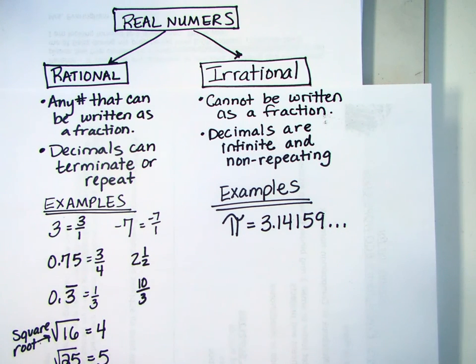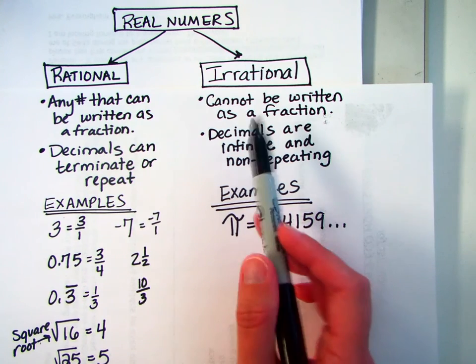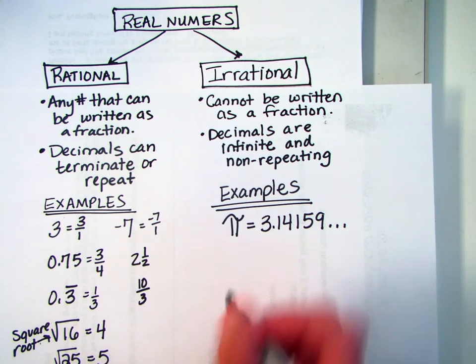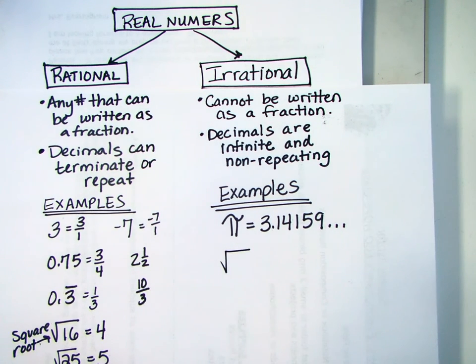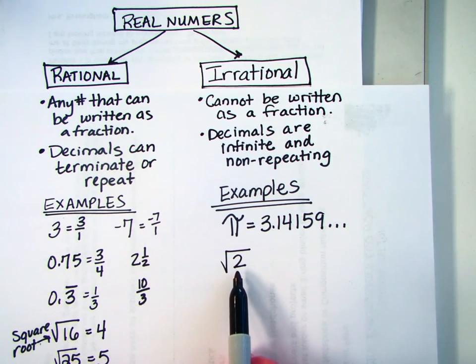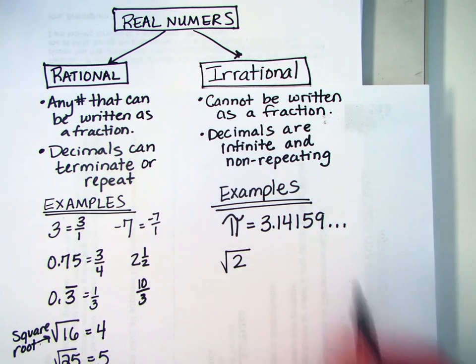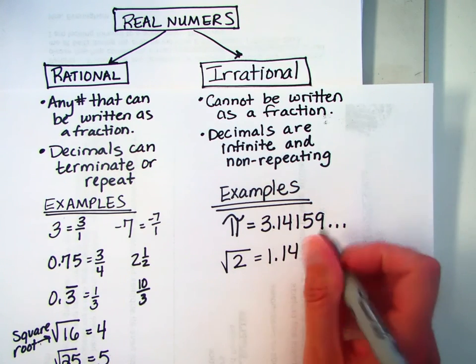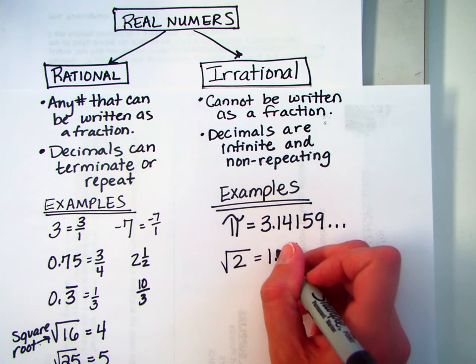Okay, the other way that we run into irrational numbers is sometimes when we take the square root and the cube root. So if we're taking the square root of a number that's not a perfect square, so think of like 2. Is there any number you can multiply together by itself to get 2? If you try that out on your calculator, you'll notice it's going to give you a long decimal, 1.41421.